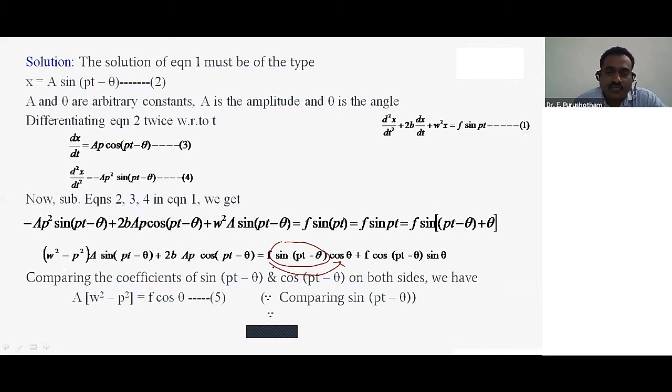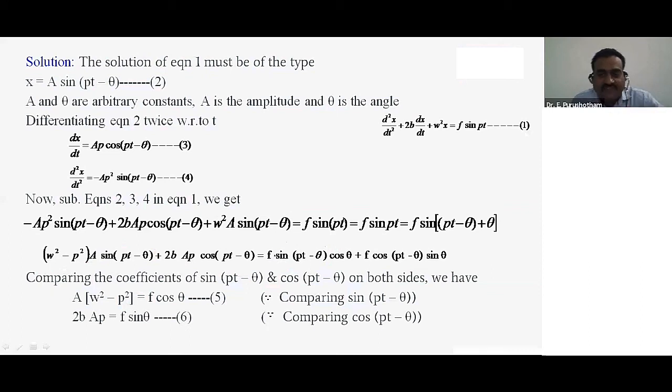This is equation number 5. Comparing sin(pt − θ): on the left side A(ω² − p²), on the right side f cos θ.